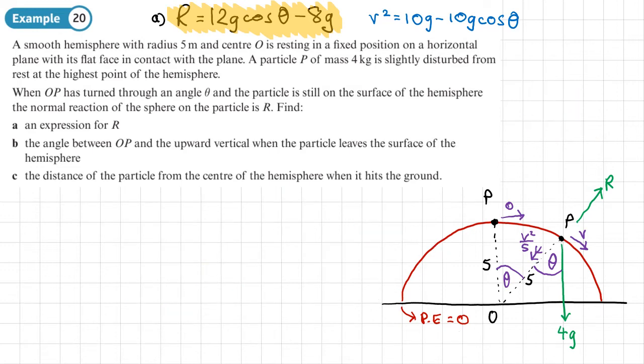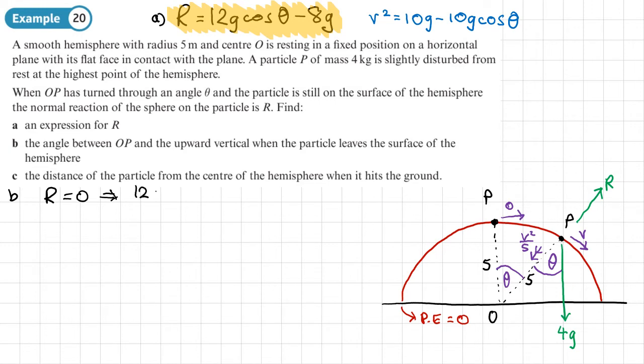So part B is asking us to find the angle between OP and the upward vertical when the particle leaves the surface of the hemisphere. And when the particle leaves the surface of the hemisphere, then the normal reaction is going to be equal to 0. So what we'll do is we'll take our expression for the normal reaction and make it equal to 0.